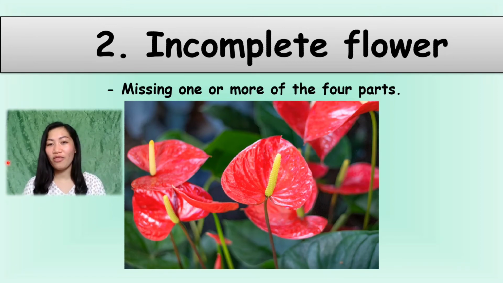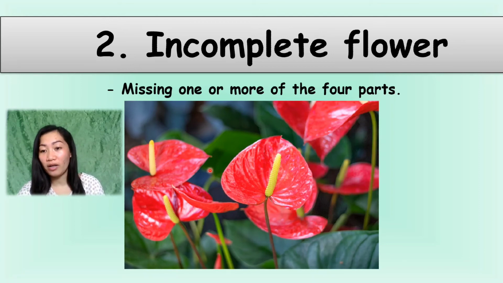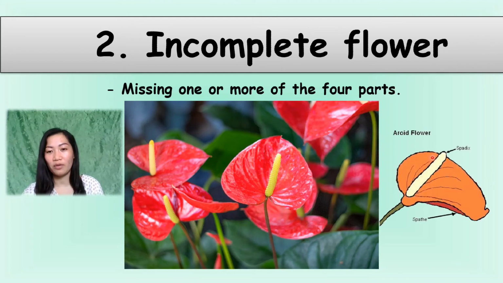Yes, it's called anthurium. For this flower, some or even all four parts of the flower are missing. So that's why we call it an incomplete flower.